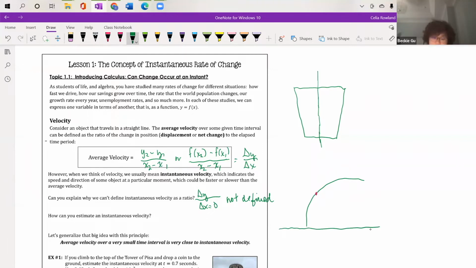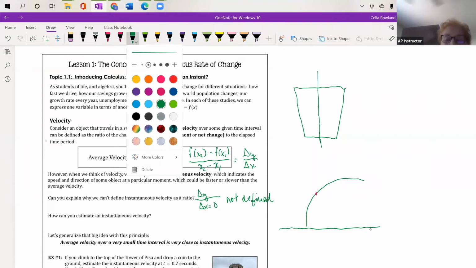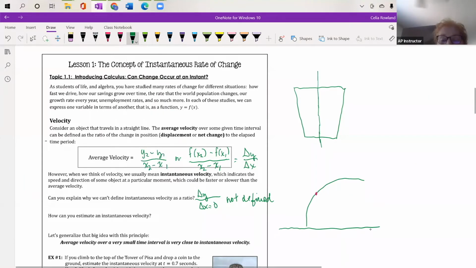What is the instantaneous rate at that point? Let's take two points that I already know, this point right here and this point right here. I'll call this one x1, this is at x2, and we'll call this one x3.